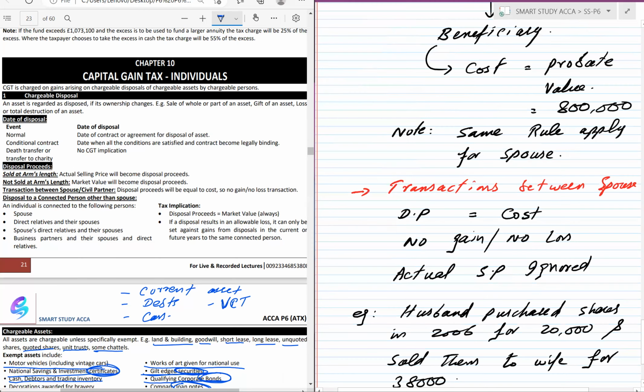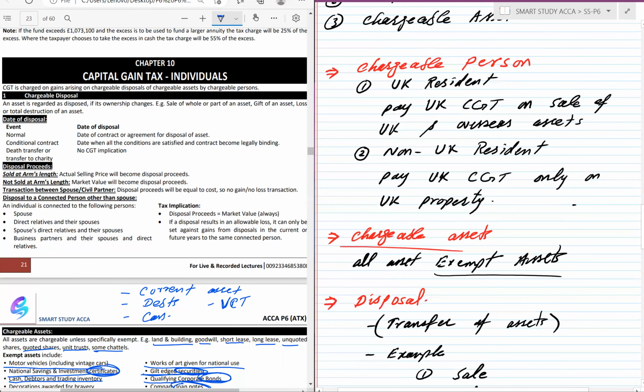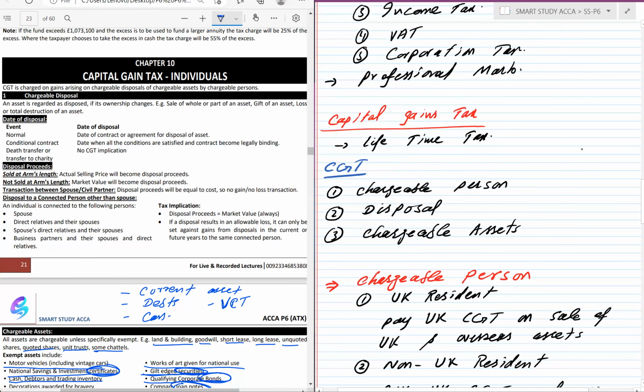So these are a few points related to CGT. When a chargeable person makes a disposal of chargeable assets, the fourth point is chargeable gain.